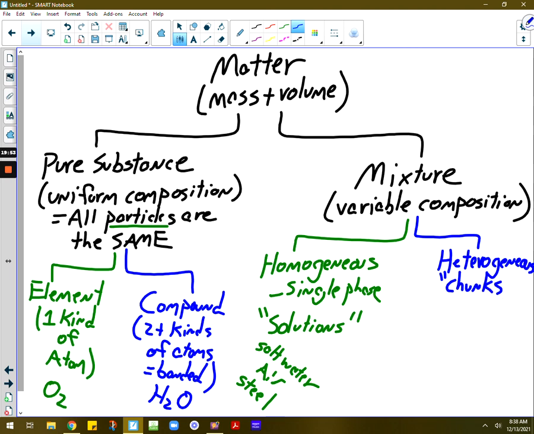If the chunks are very, very tiny, then we say that these are colloids. If the chunks are not so tiny, but big enough to actually see and big enough to settle out if you stir them up and then leave them alone for a while, then we call these suspensions.